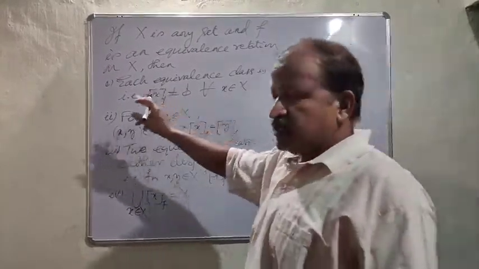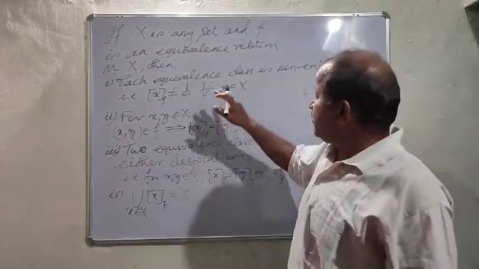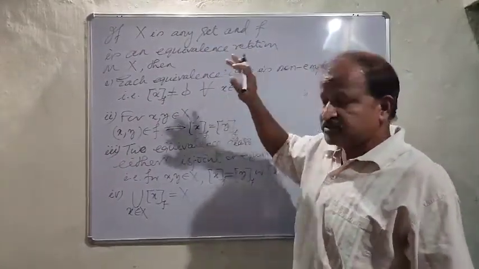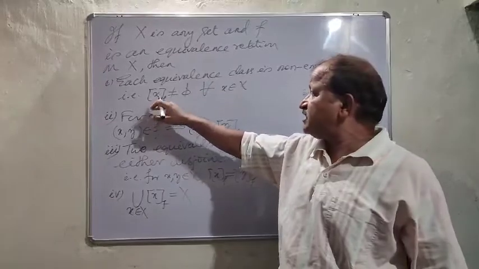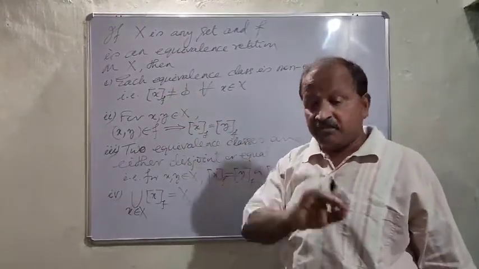Proof. First one, if x is an element of capital X, then its equivalence class is non-empty.